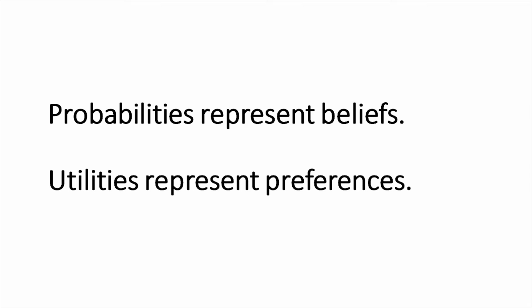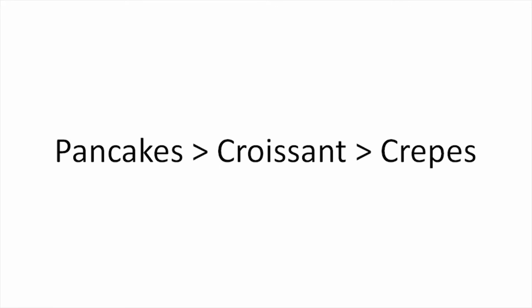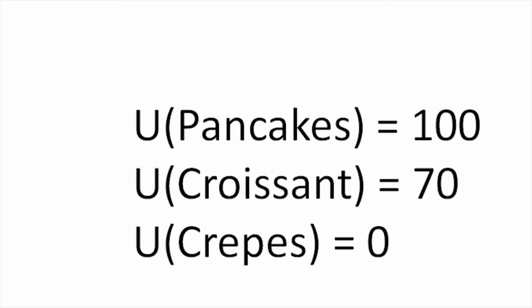Let's go through a very basic initial example. I am ordering breakfast at a restaurant. I would prefer pancakes to a croissant, and I would prefer a croissant to crepes. In fact, I do not like crepes at all. So my utility valuation of pancakes might be 100, my utility valuation of a croissant might be 70, and my utility valuation of crepes might be 0.